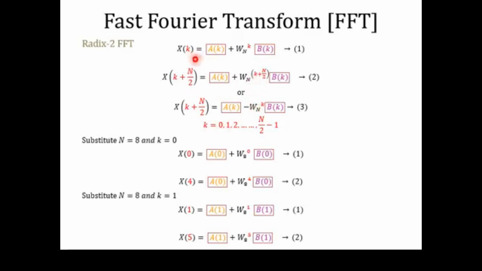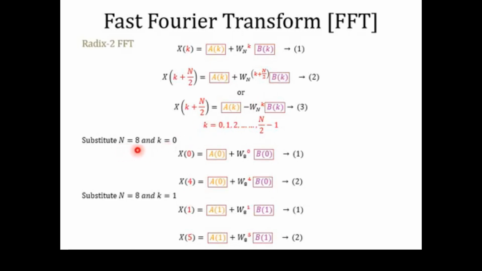And in all these equations, the value of k can vary from 0 to n/2 minus 1, because here we are combining n/2 point DFTs. So A(k) represents the first n/2 point DFT, while B(k) represents the second n/2 point DFT. Now, in order to understand these equations in terms of the butterfly operation, let's assume some values.